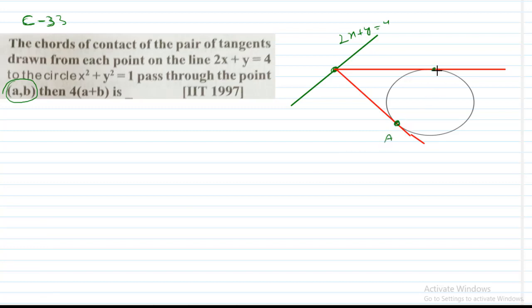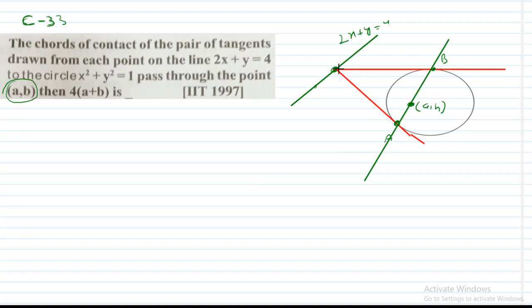Say this is A, this is B. And these points of tangents are joined, you get a line. This line is called the chord of contact of this point. Similarly, one more point is taken, through that point tangents are drawn, and you can find the chord of contact. All those chords of contact pass through the point a comma b.